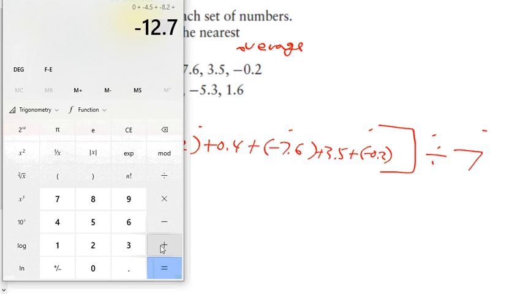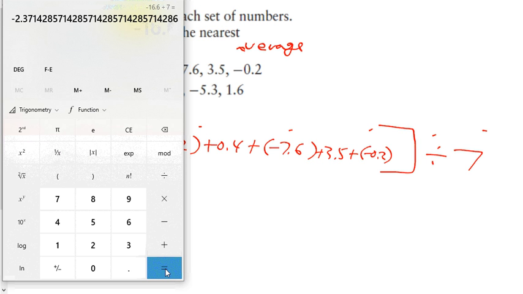Plus positive plus 7.6 negative plus 3.5 plus 0.2 equals, is that all 7? Equals 16.6 divided by 7. Is that right? Is that the answer everyone got?